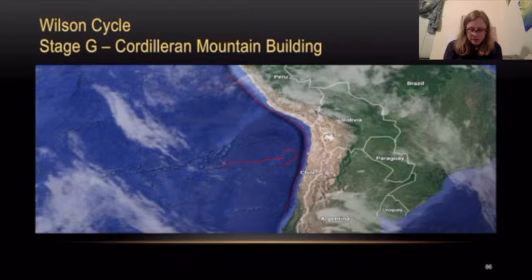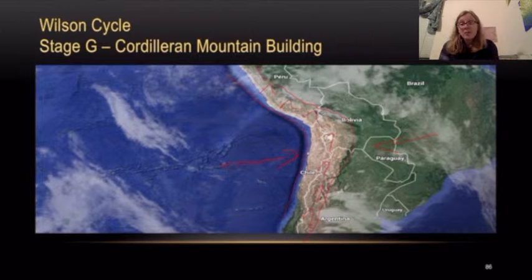So the continental South America is moving that way, and the Pacific Ocean crust is moving this way. And it's creating this line of mountains. This is actually a line of volcanoes with a very specific chemistry, a very specific type of volcanoes. We'll learn what kind a little bit later.